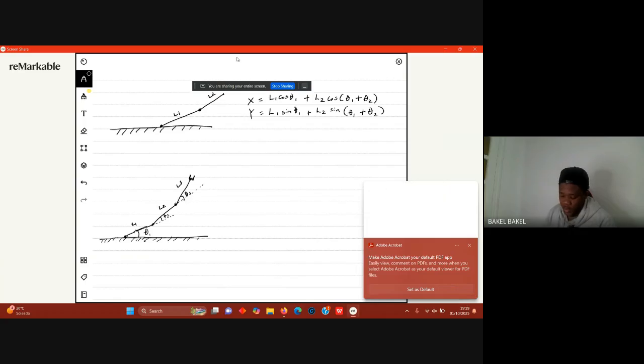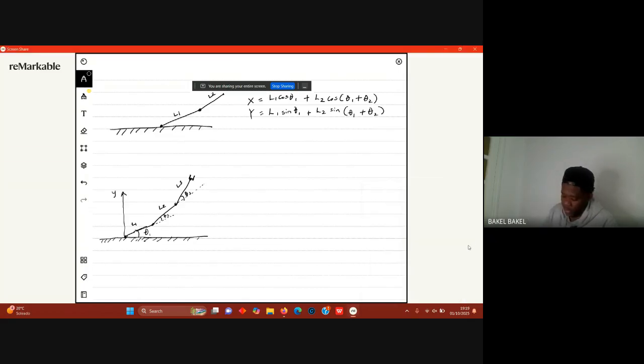And if you remember what we did, we established our y, and then we established our x. We understood that from the end effector all the way down, we can literally break it. The same thing for this point.